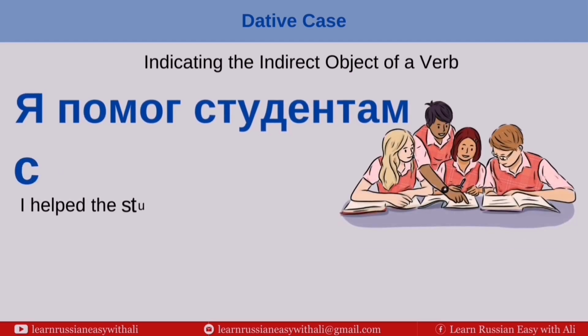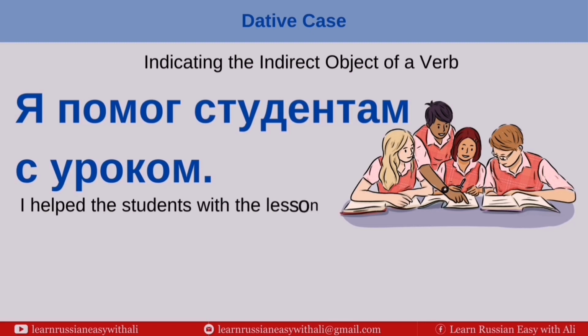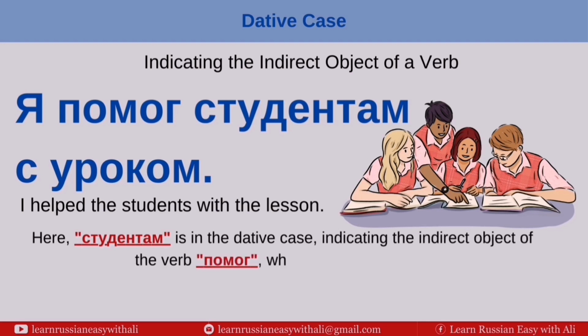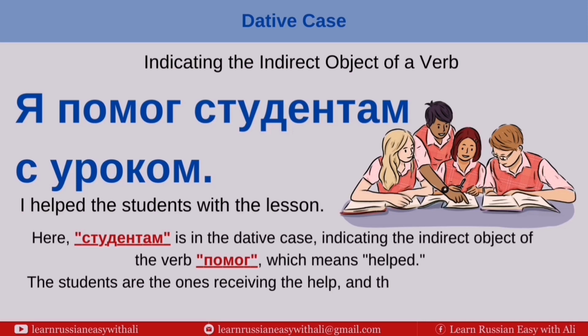Я помог студентам с уроком. Here, Студентам is in the dative case, indicating the indirect object of the verb Помог, which means helped. The students are the ones receiving the help, and therefore, they take the dative case.